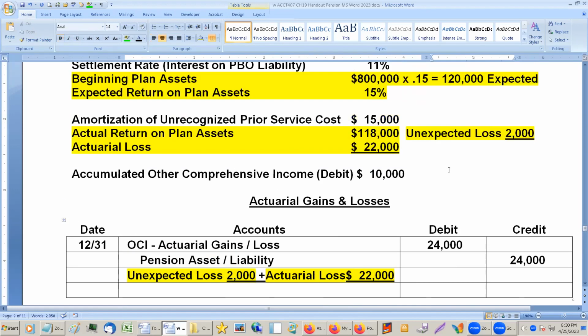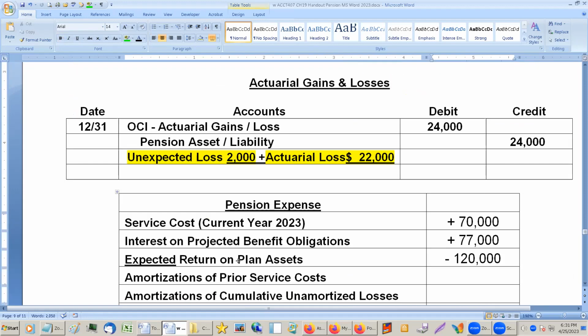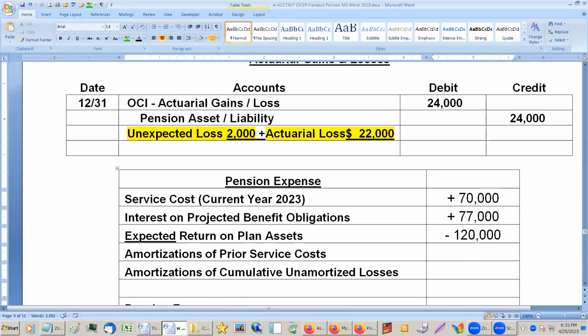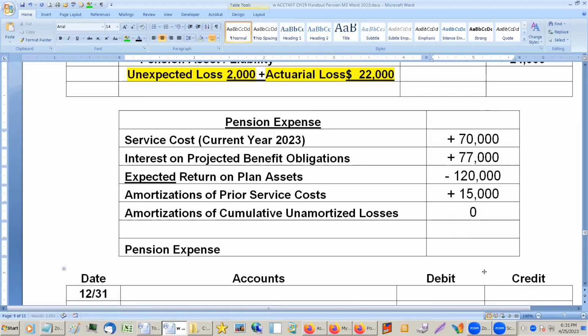Amortization of prior service costs, 15,000. That's gonna add to it. And we don't have any of these. All right. So, $42,000.